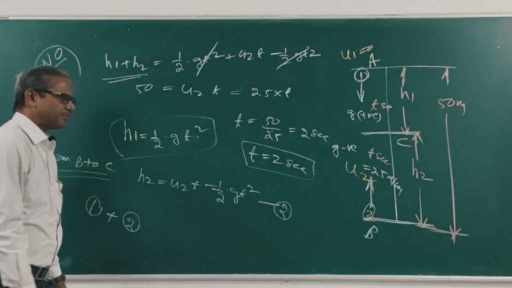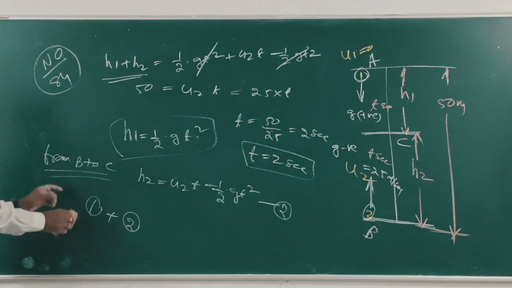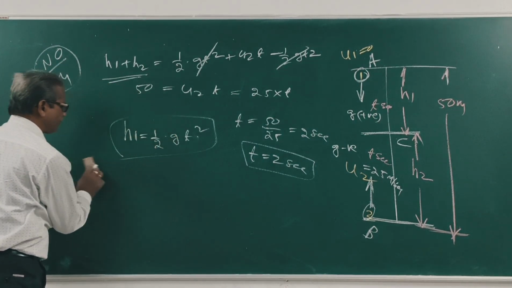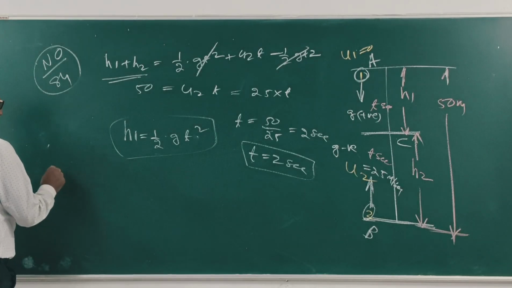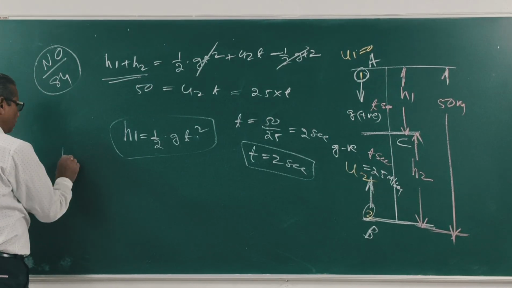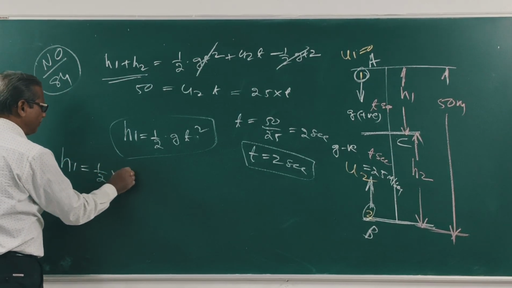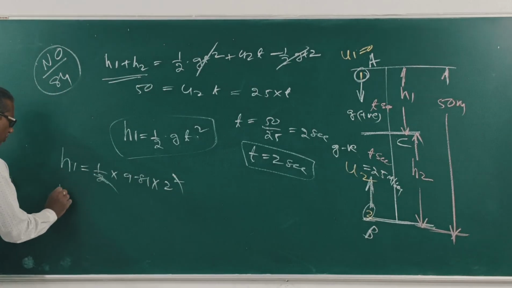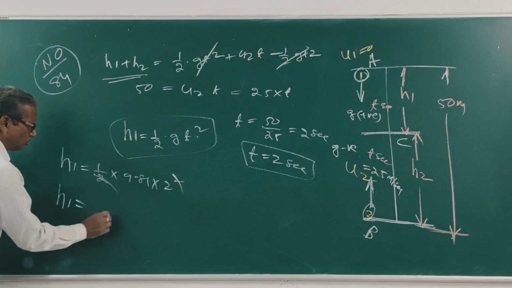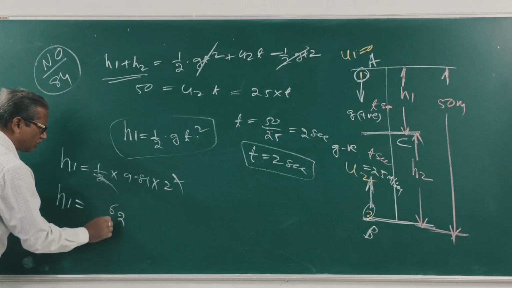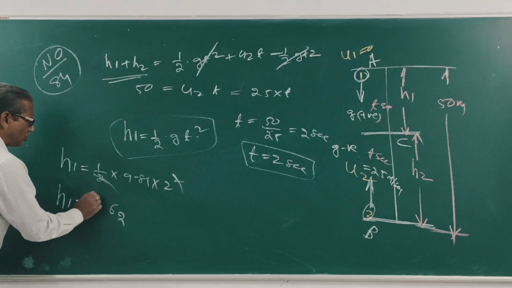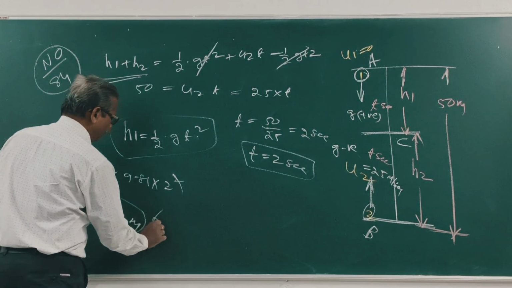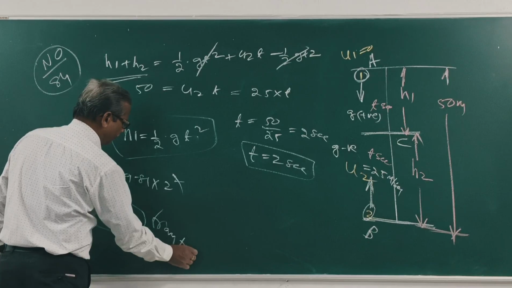This is T. What is H1? Half G T square. H1 is half G T square, half 9.81 into 2 square. What is H1 equal to? 19.62 meter from top.